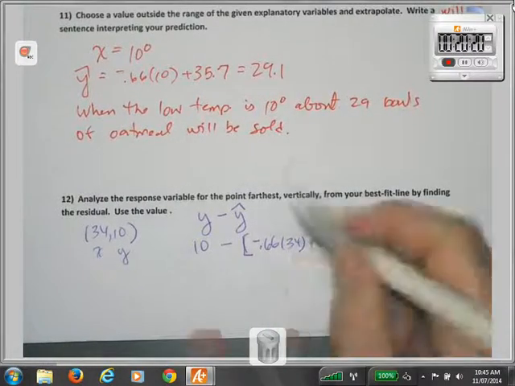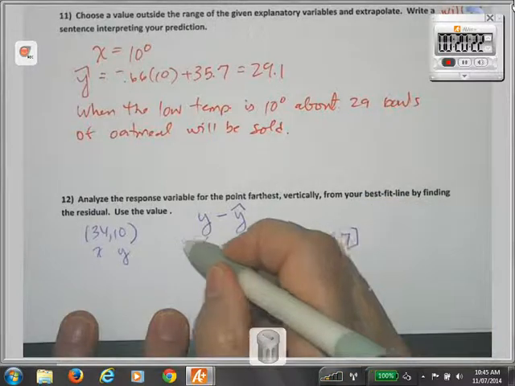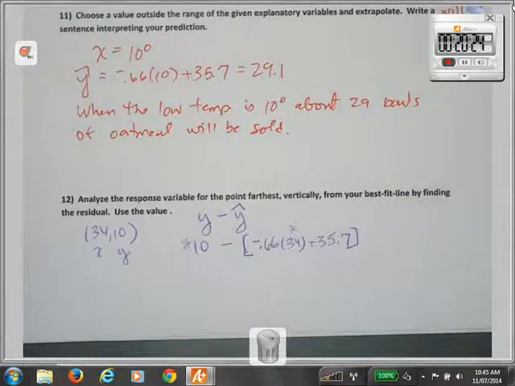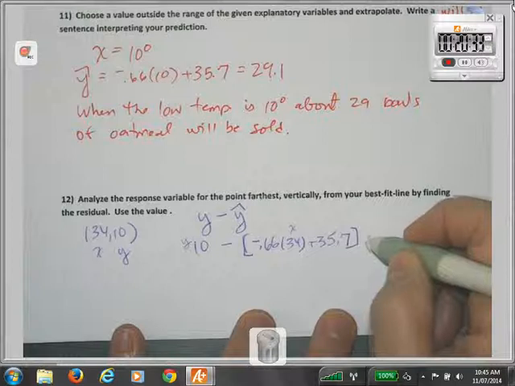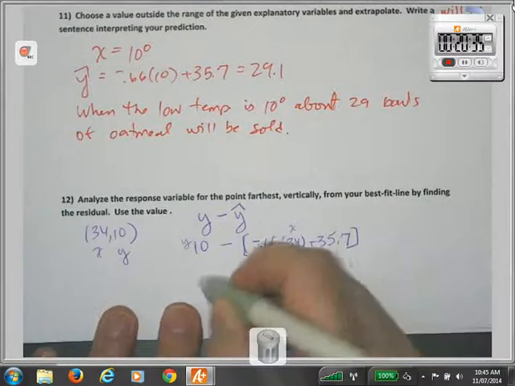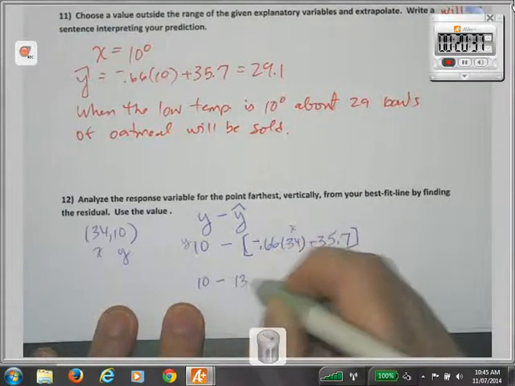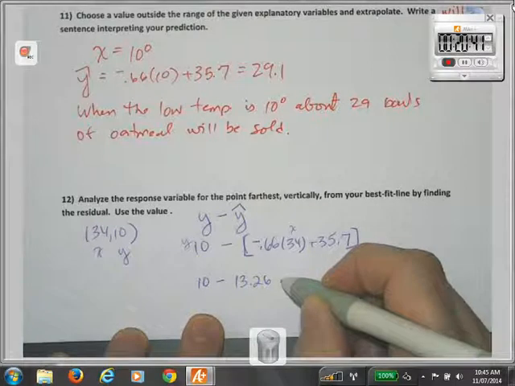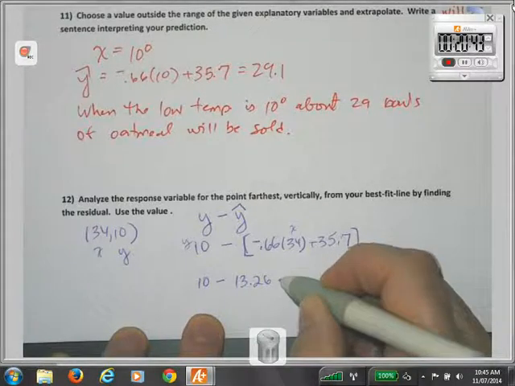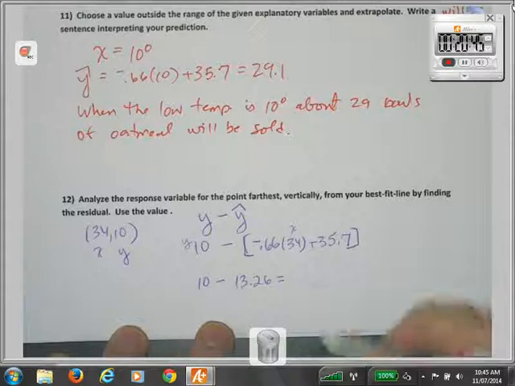Remember, this is x, and this is y from that point that we picked. Then subtract that from 10. So we have 10 minus the 13.26, and the answer, be careful, it's negative, is negative 3.26.